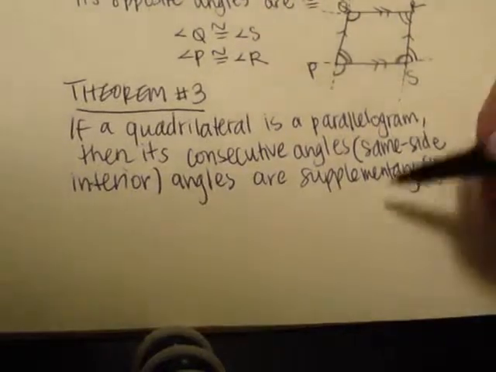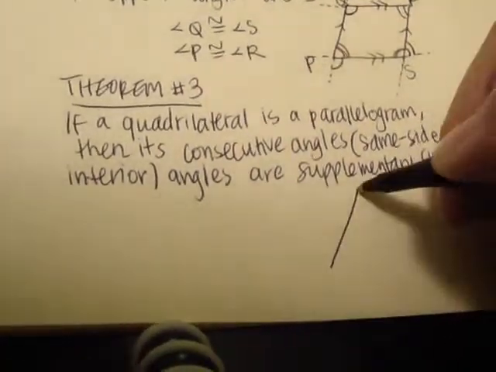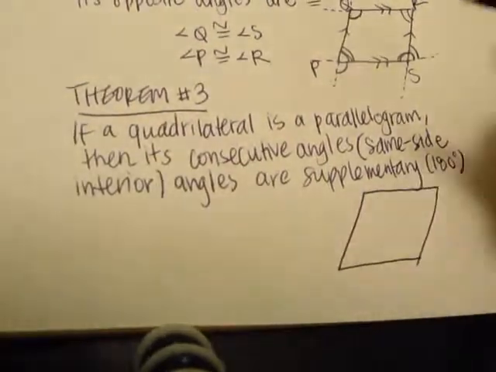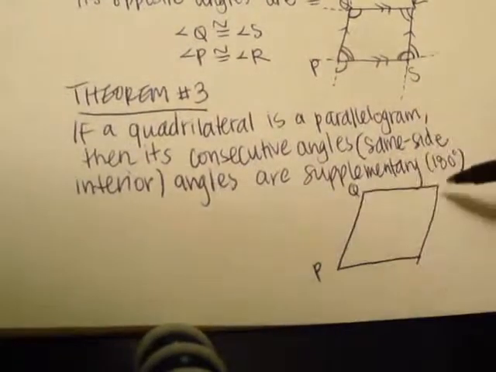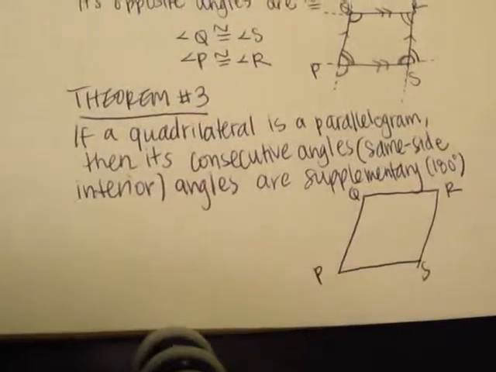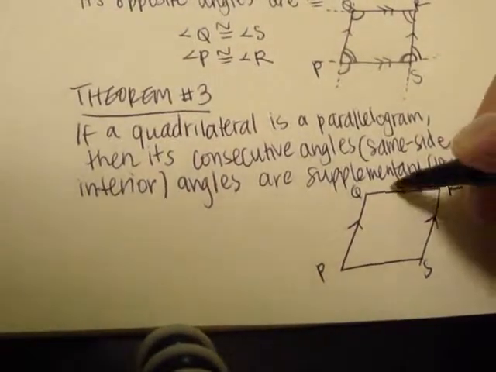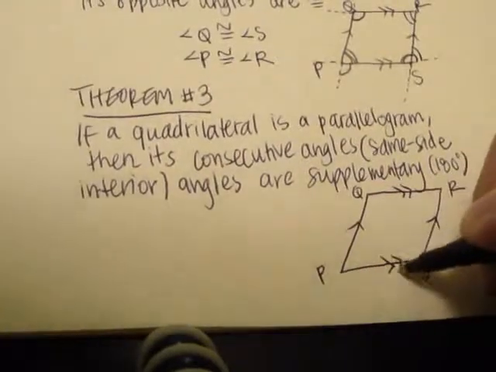Okay, so let's do another example. Same parallelogram, P, Q, R, and S. We're told that PQ is parallel to RS, QR is parallel to PS.